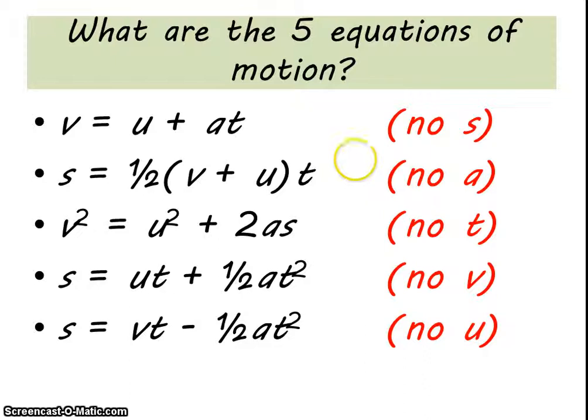So if, for example, you had a situation where time was irrelevant, you would simply use this equation, v squared is equal to u squared plus 2as, because it's the equation that doesn't have a time component in it.